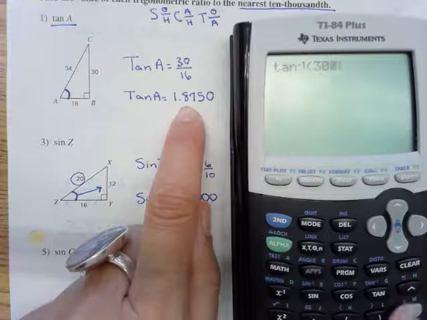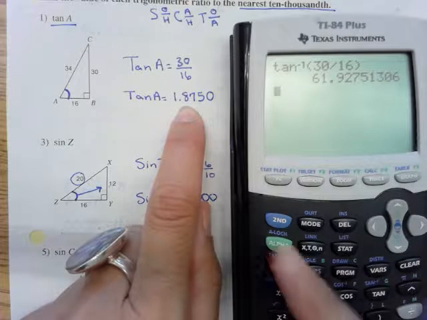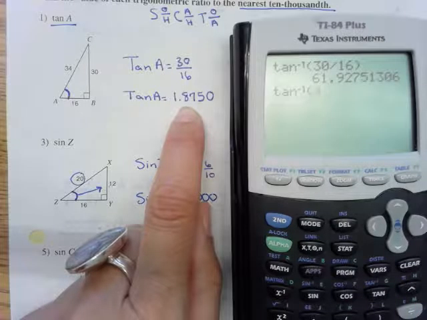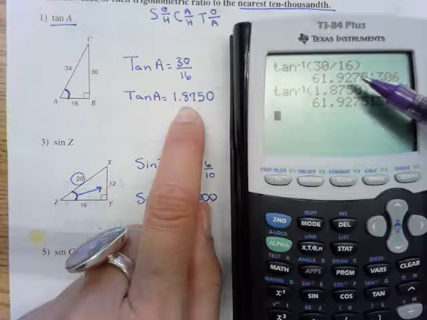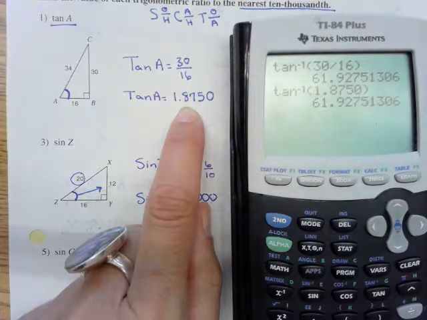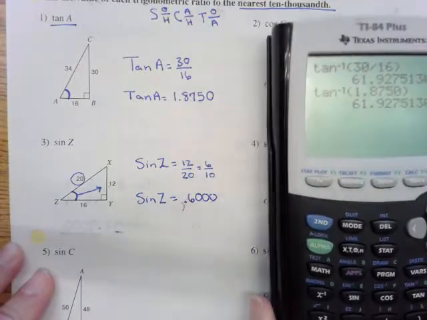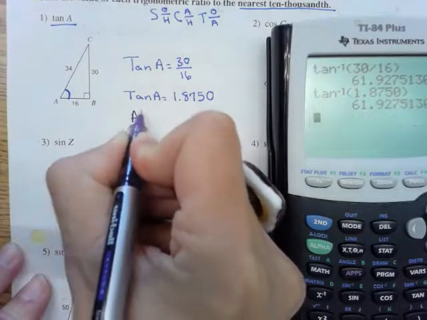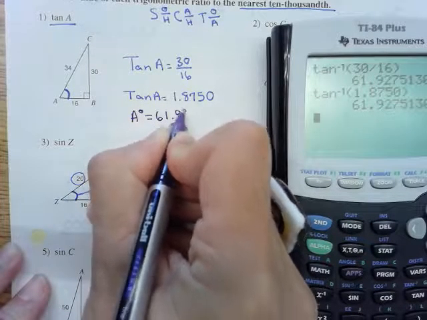I can put 30 over 16 if I want, 61.9275 degrees. Or I could also put in 1.8750. Doesn't matter. Either way, it's going to come up with the exact same angle measure because the ratio is the same. So now I can say, let's say to the nearest tenth, that A degrees equals 61.9 degrees.